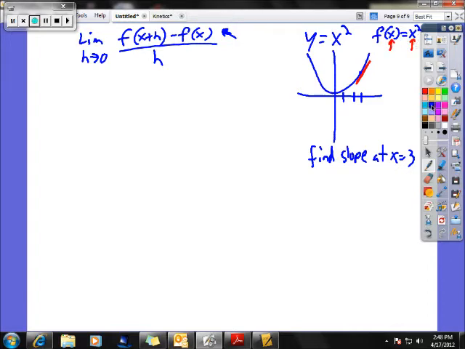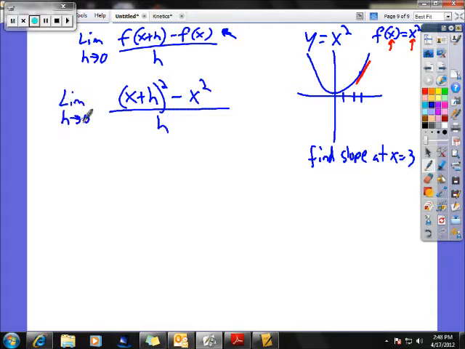So that's what you do no matter what's in the parentheses. So it would be x plus h squared. We're going to take this x plus h that's in parentheses and square that whole thing. We're just applying the same function to the x plus h that we apply to the x. Alright? So now we have minus f of x, which we know is just x squared. And that's all over h, and we still have our limit here.